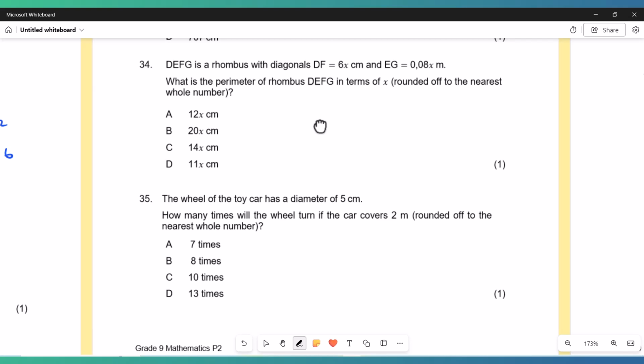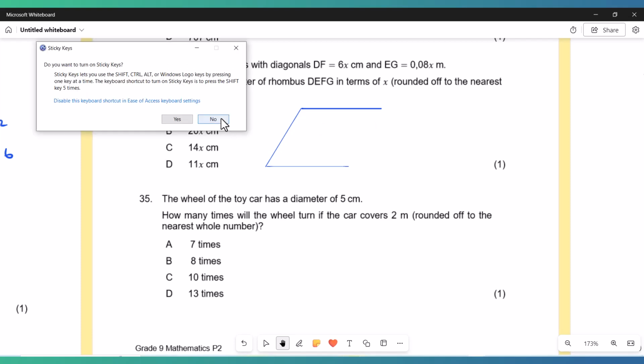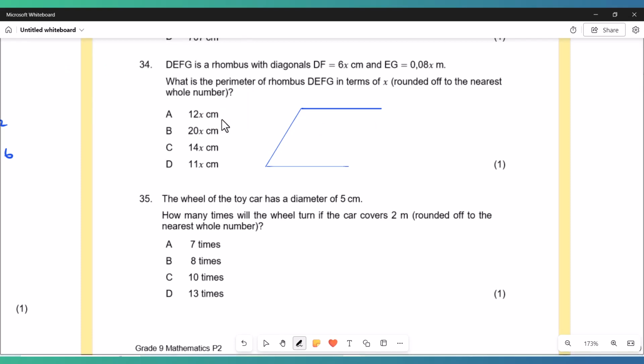Now the rhombus looks like this. Let's try to draw the rhombus here. All the sides must be equal for the rhombus, don't forget that.